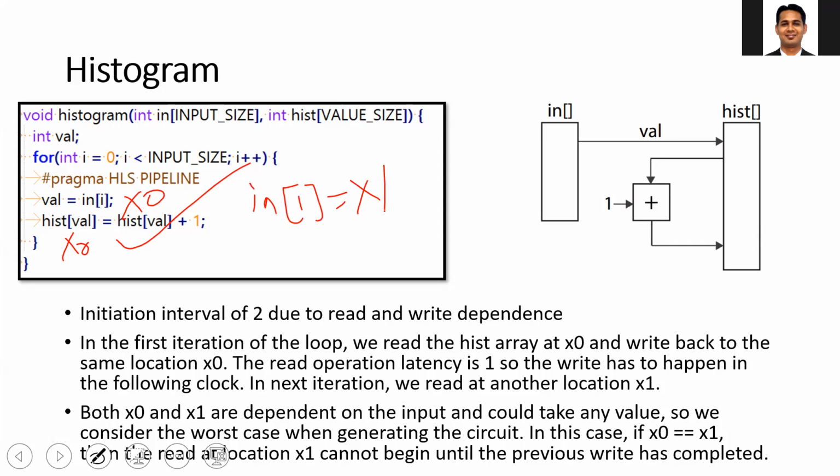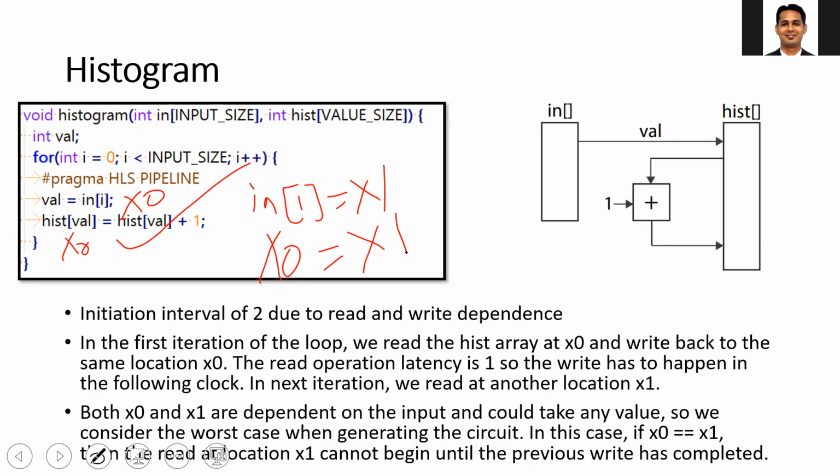Both x0 and x1 depend upon the input, which you don't know. So in the worst case, what may happen? Your x0 is equal to x1. That means you cannot complete the execution of your second iteration of the loop before you complete the first iteration, because in the first iteration you are reading hist of x0 and then writing to hist of x0.